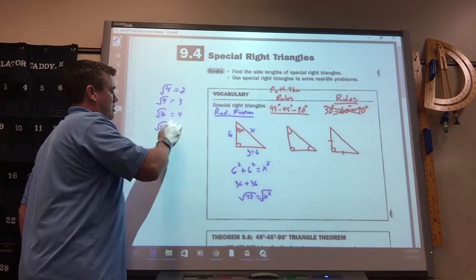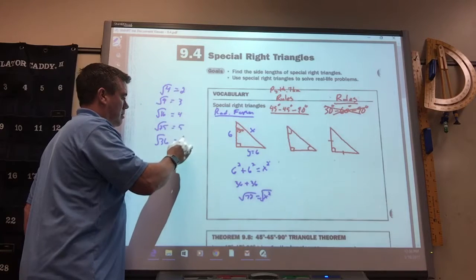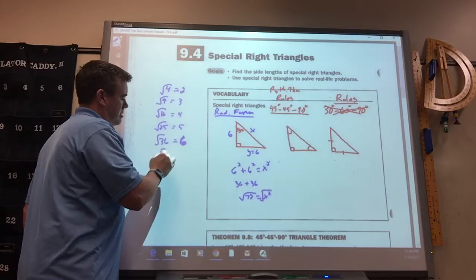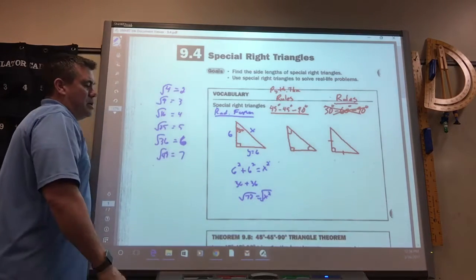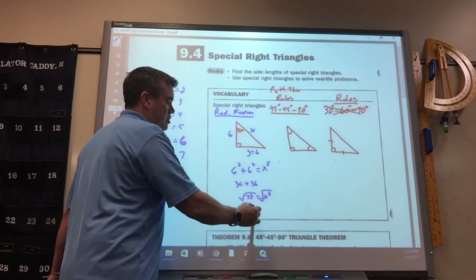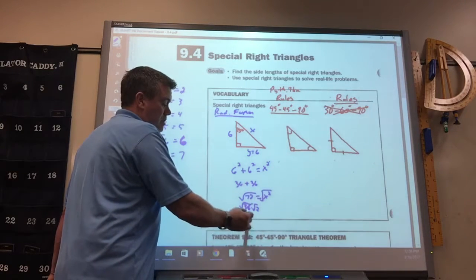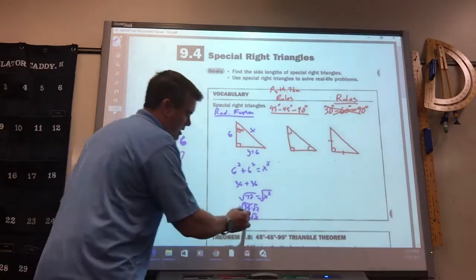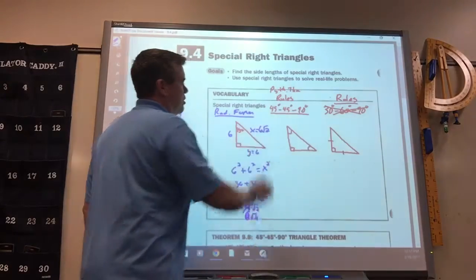It's 36. The square root of 36 times the square root of 2 is the square root of 72, and the square root of 36 is 6. So x would be 6 square roots of 2.